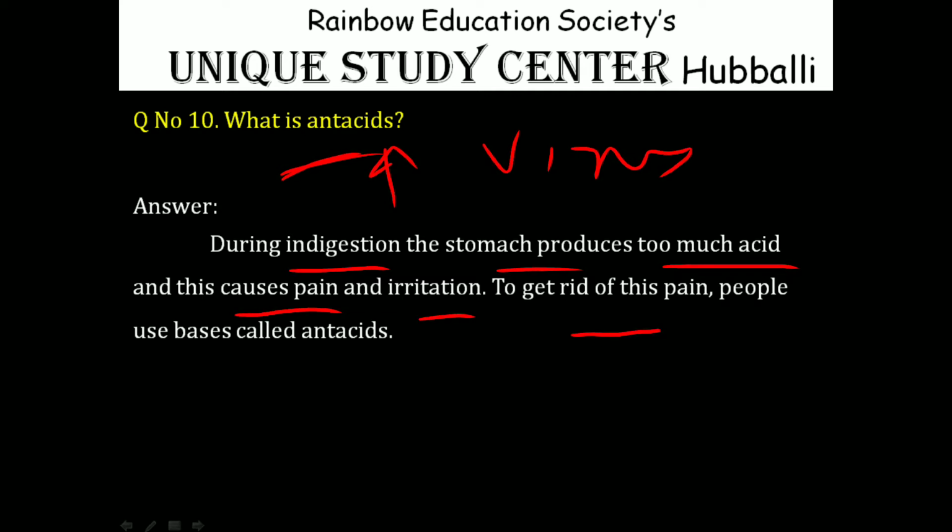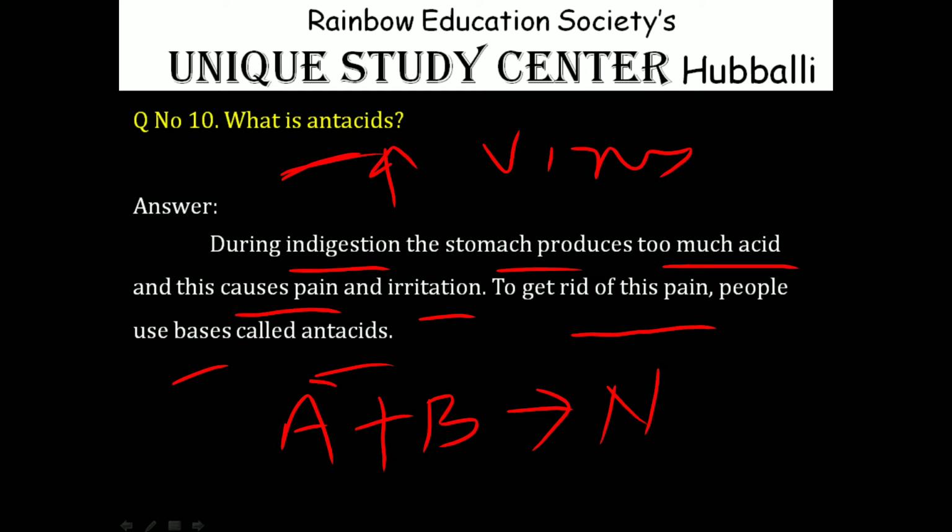To get rid of this pain, people use bases, hence it is called an antacid. If the acidic compounds in the stomach are more, they can be neutralized by adding the base, so it becomes neutral. That base itself is called an antacid.